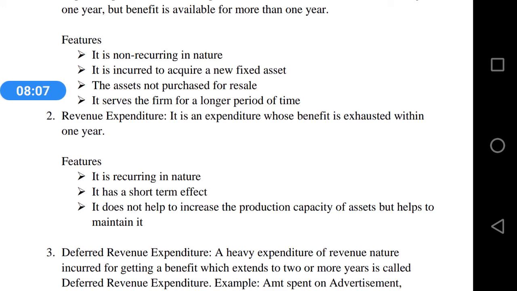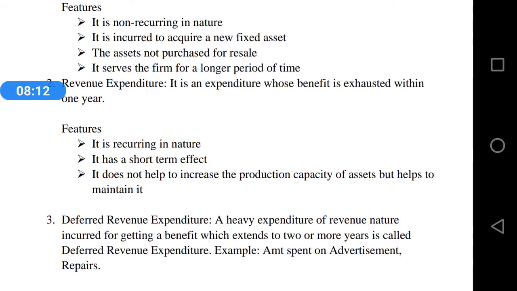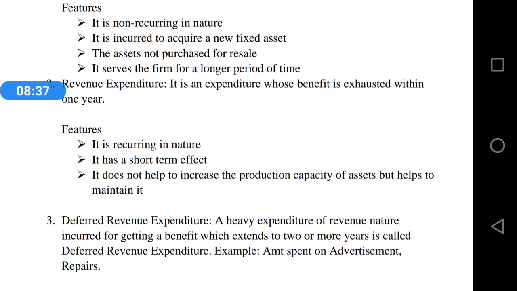Okay, the last one is deferred revenue expenditure. Deferred revenue expenditures are the heavy expenditures of revenue nature incurred for getting a benefit which extends to 2 or more years. So revenue expenditure means whose benefit is exhausted within 1 year, right? But in deferred revenue expenditures, the benefit can be extended up to 2 to 3 years.